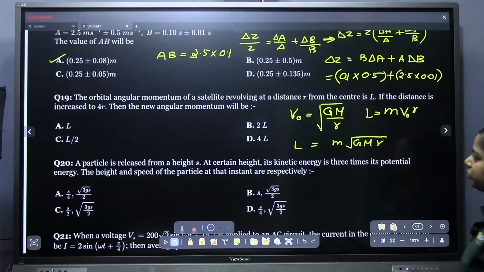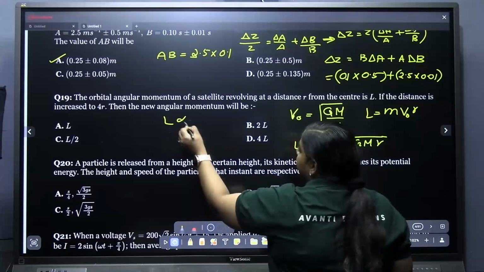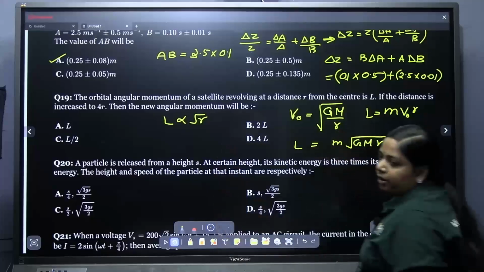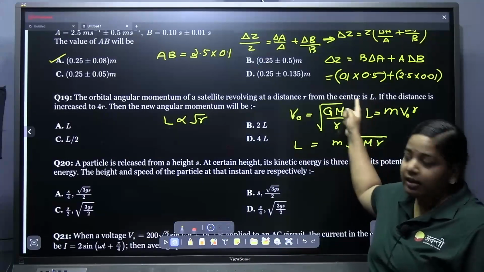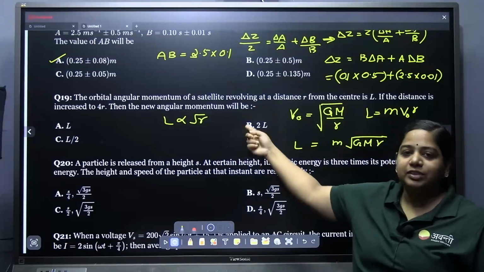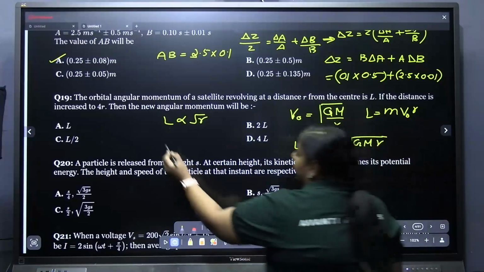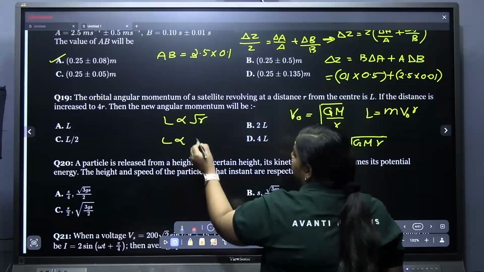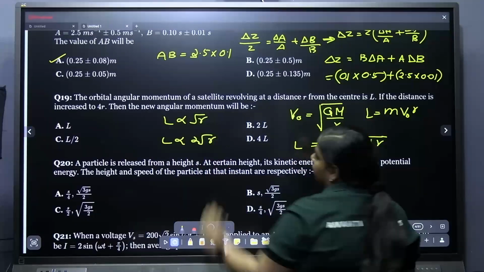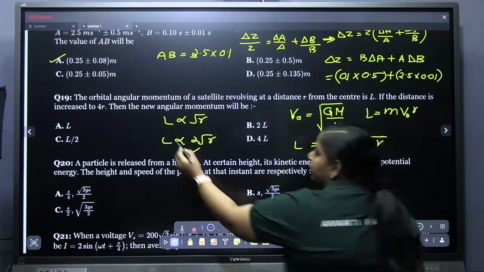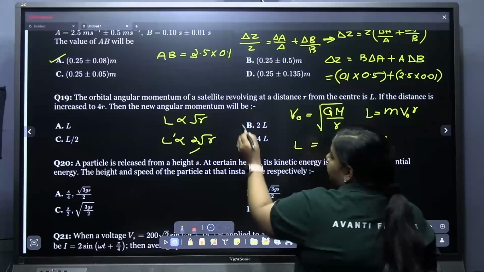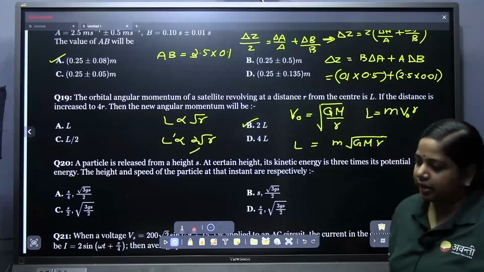So we will get that L is proportional to root r. If at r distance it is L, at 4r distance L is proportional to 2 root r. So root r is L, so new L will be 2L. Option B is the answer. Yes, very good.